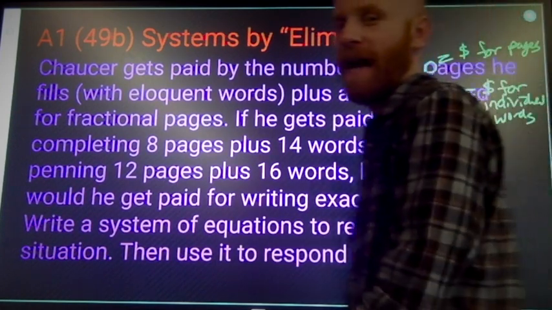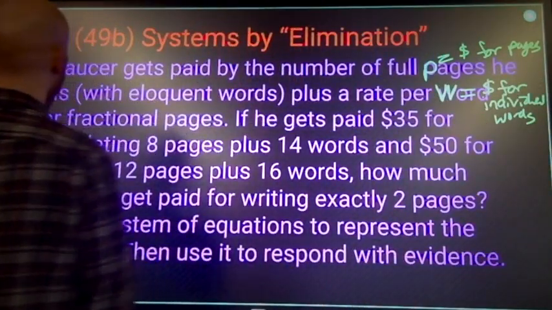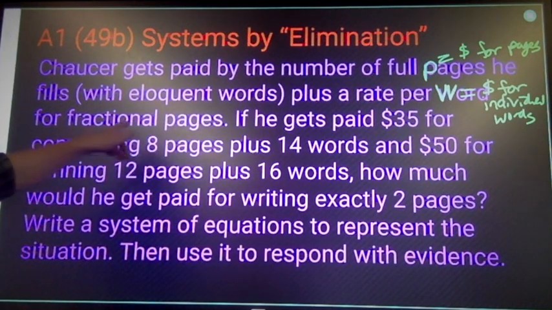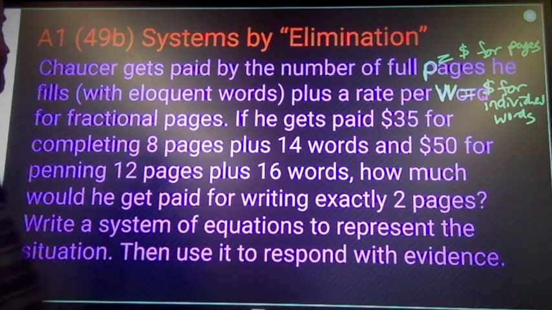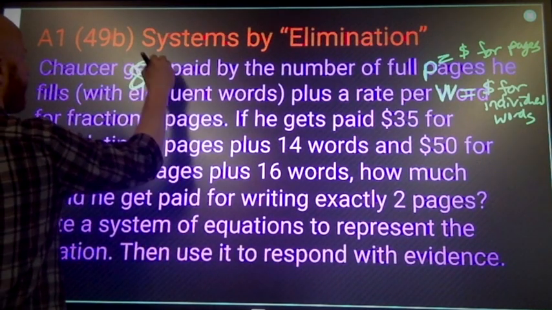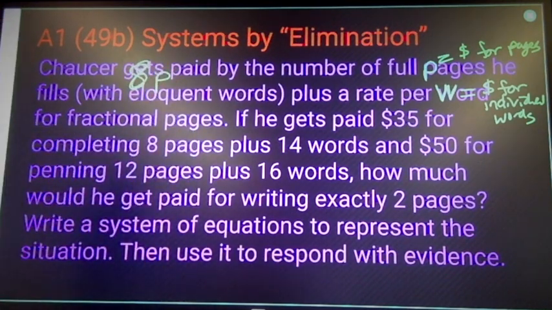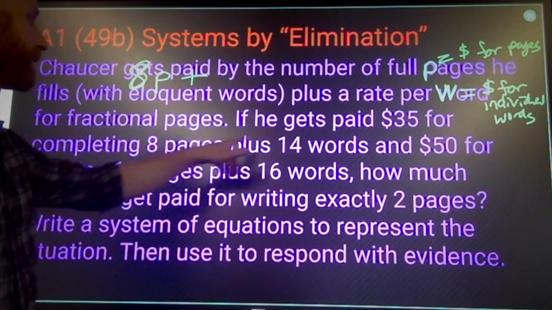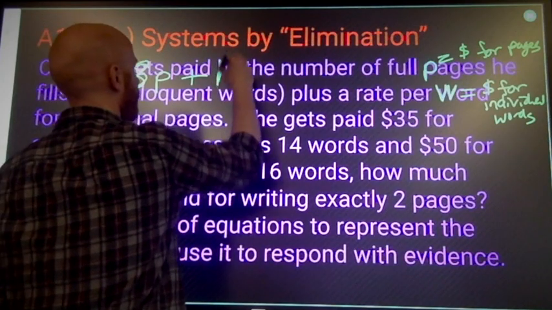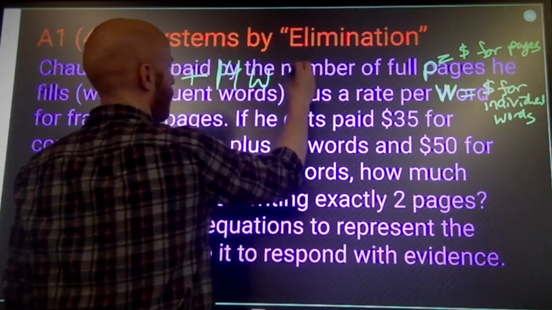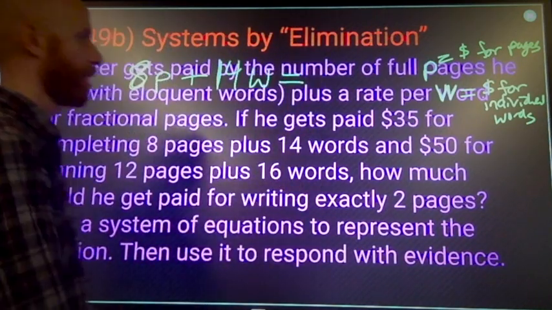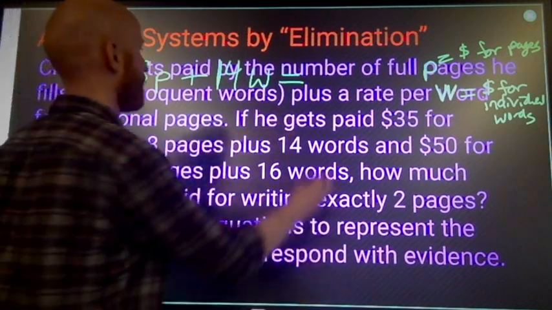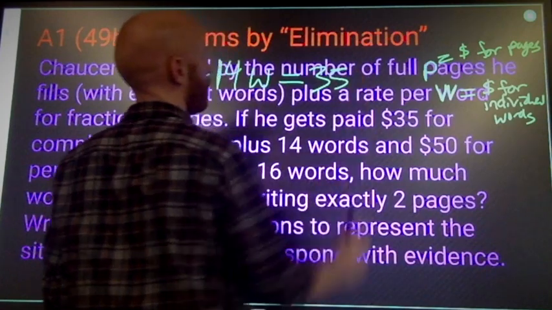Okay? If that's our situation, then $35 if he completes 8 pages, so 8 times the price of a page plus 14 more words, 14 times the price of a word equals, he gets paid $35 that day.